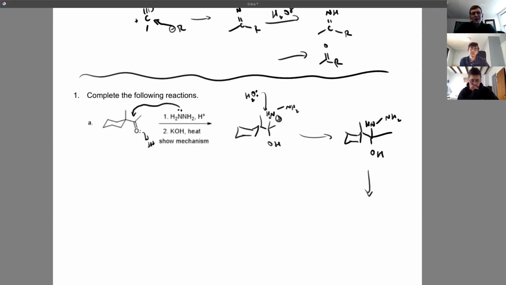If we were to add another hydrazine, we'd have to either kick off this OH directly, but you won't have a negative charge in acidic conditions, so that's a little bit weird. Or if we didn't kick anything off, then we'd have 5 bonds to this carbon, which is always something to look out for. But instead, Paul had a good suggestion. Why don't we just protonate?